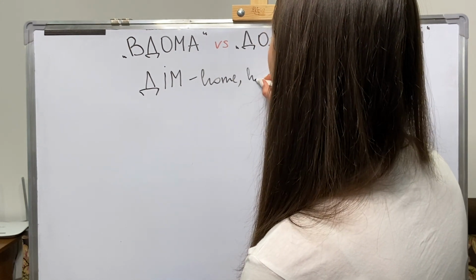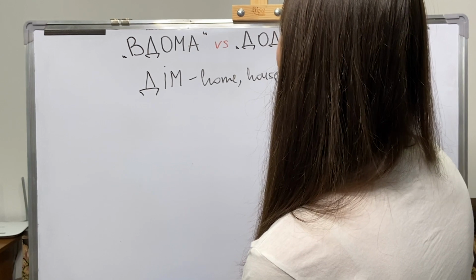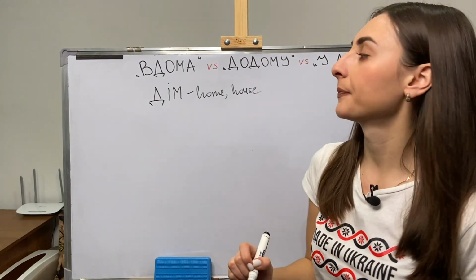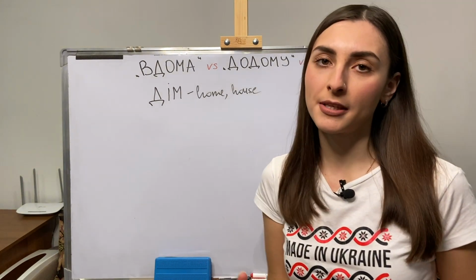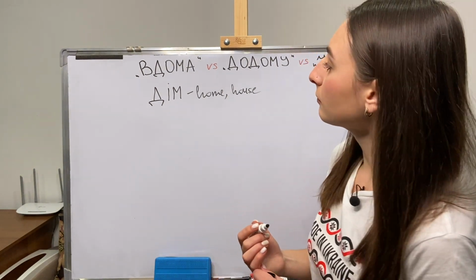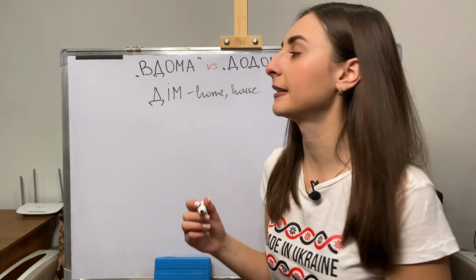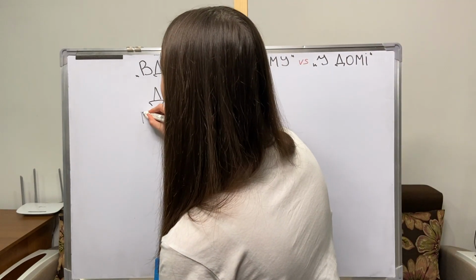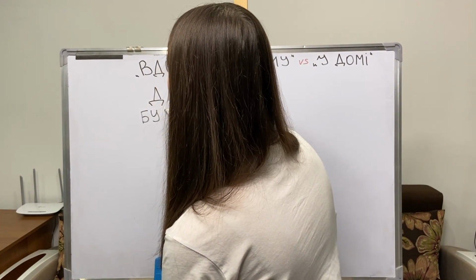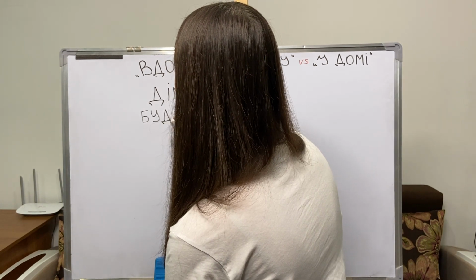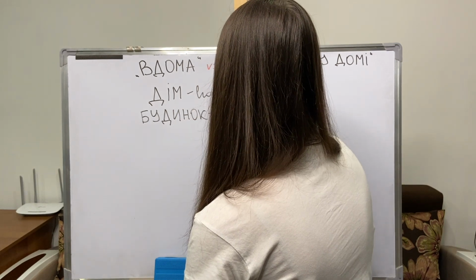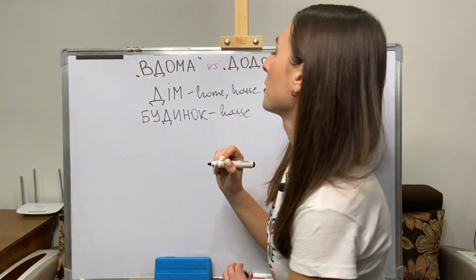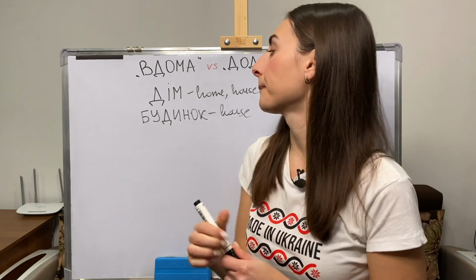Also it means house, according to the context. This is a noun, masculine gender. Also a synonym of this word is the word будинок. Bu-di-nok is the synonym. It means a house or building.